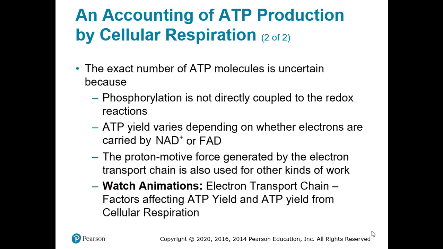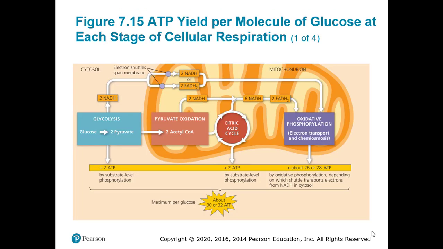And that proton motive force generated by the electron transport chain is also used for other kinds of work. So it also depends on oxygen concentration, hydrogen ions, pH, temperature, all that type of stuff. So make sure you watch the animations that talk about the factors that affect ATP yield from cell respiration. All right.